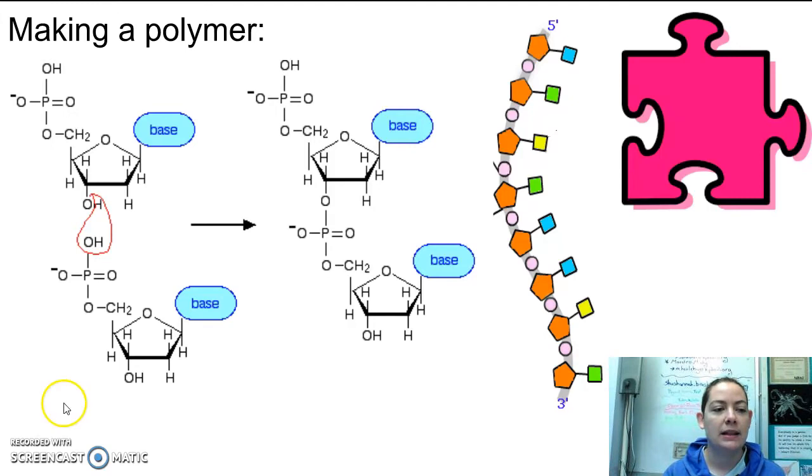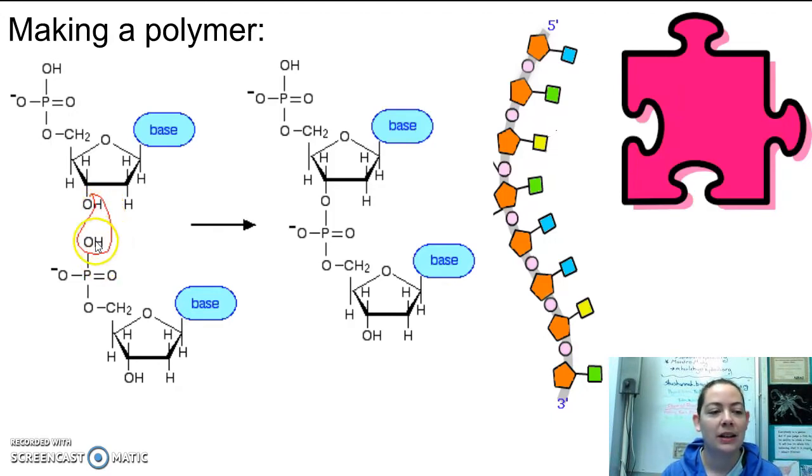And the way this happens, here's one nucleotide, and then here's another one coming up to join it. So there's an OH group on this phosphate, and it's going to come and hang out up here next to the ribose. And these two hydrogens and this oxygen are going to run off together. And you know what they make?